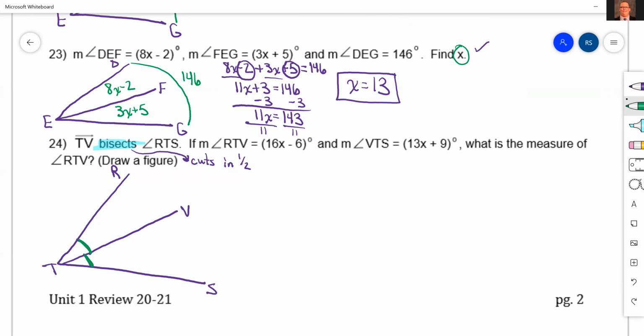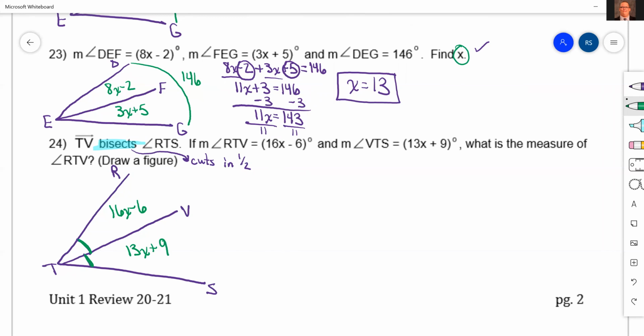It says RTV is 16x minus 6. VTS is 13x plus 9.